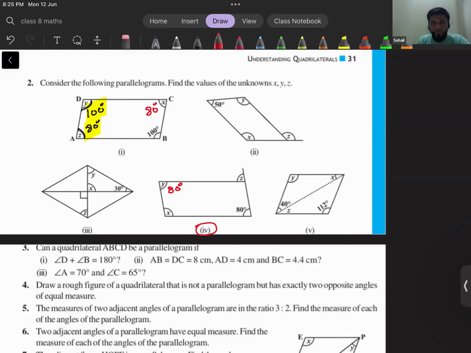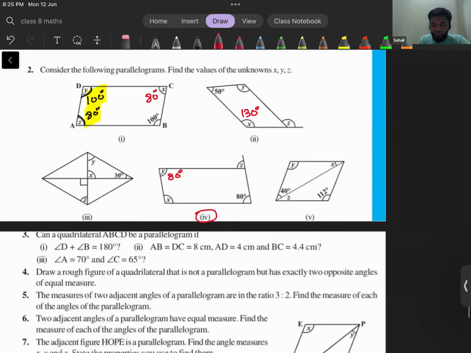Is it 20 degree? It's 130. Ahmed, you were saying about figure 4. Yes, sir. Arhan, look at figure 4. You also look at figure 4 here.